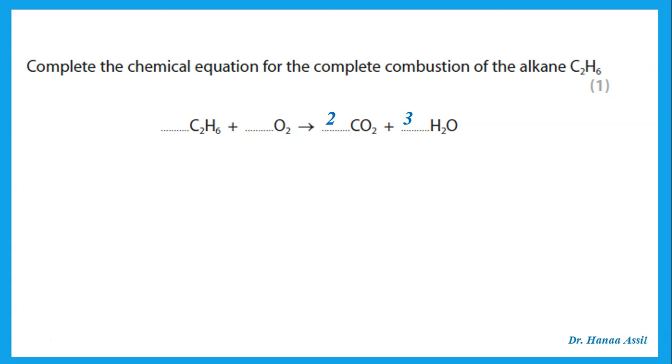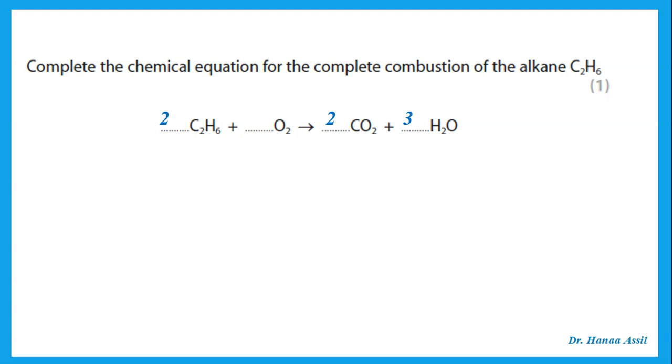We have 2 times 2, that's 4, plus another 3, we have a total of 7 oxygens after the arrow, so I need 2 times something. Well, you can write 3.5. 2 times 3.5 will give 7, but usually we do not write halves.